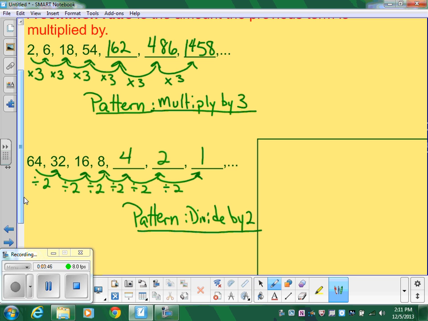So let's reflect on some of our previous knowledge. Dividing by 2 can be expressed using multiplication. If you remember our rule for dividing by a fraction, we always would keep the first piece.